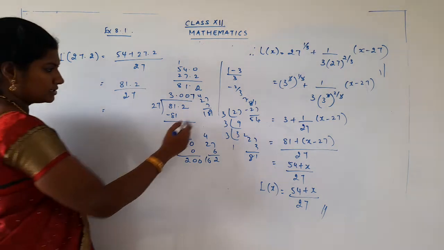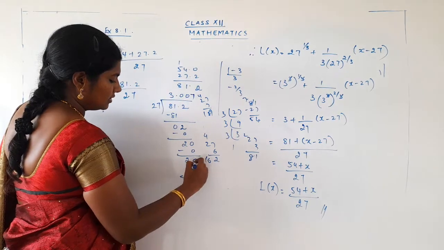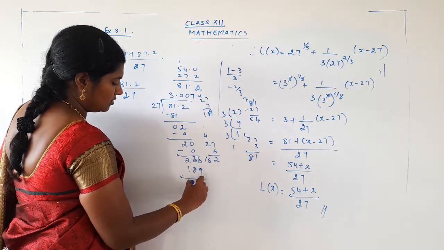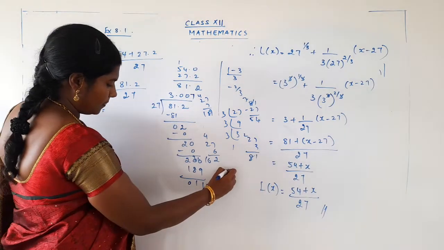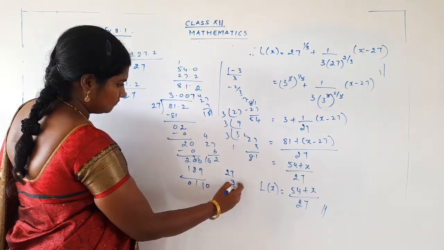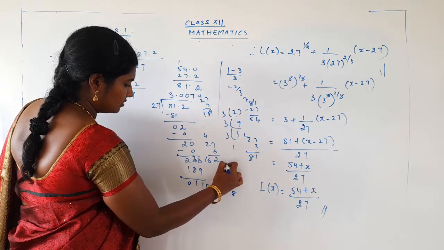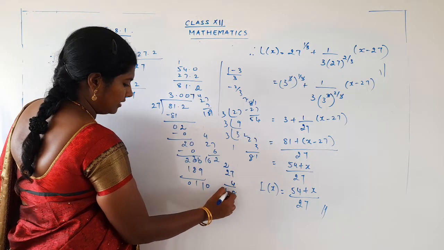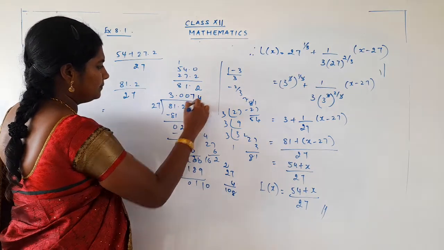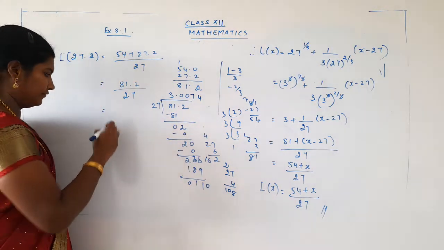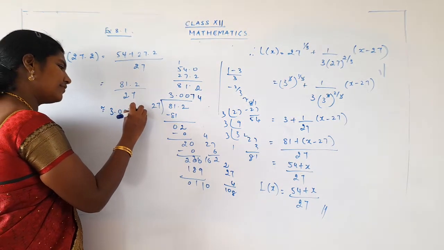And how much do I get? 7 7s are 49, 189. So this is 1, 1, 11. If I put here 0, 81, 4s are 108. I can take this value, so 4. Around 3.007. So you get the answer approximately as 3.0074.